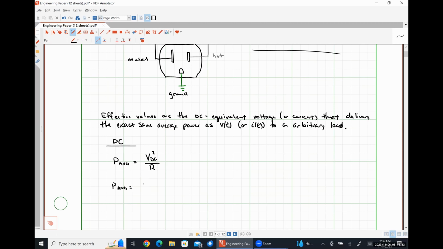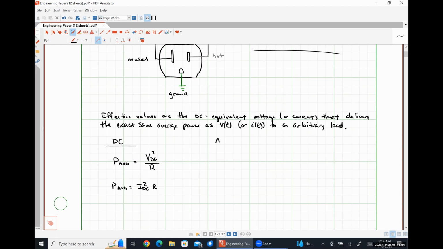Or my average power could be written as my DC current squared times my resistor value. When we're in a DC circuit, the average power is the exact same thing as the instantaneous power because it's a constant, right? So we don't have to really think about things too terribly much.